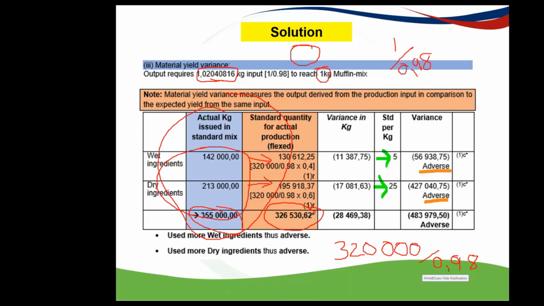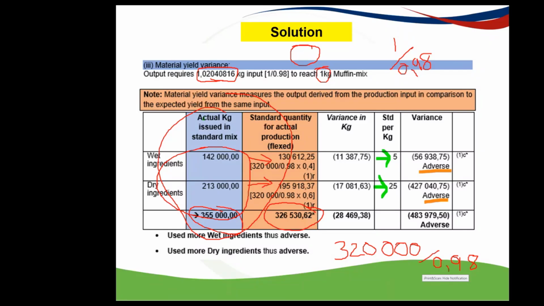All right, ma'am. But the basics of it is that we are looking at the amount that should have been produced given the ingredients, less the amount that is actually produced. So in this method that the question is set up, we know the output would be, in simple terms, 320,000 cakes. But to get 320,000 cakes, I had to put in enough batter for that normal loss.